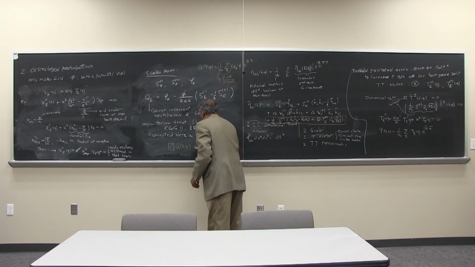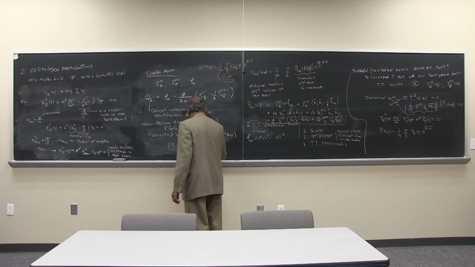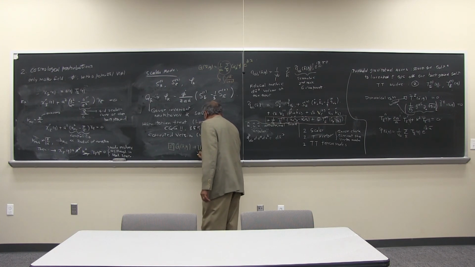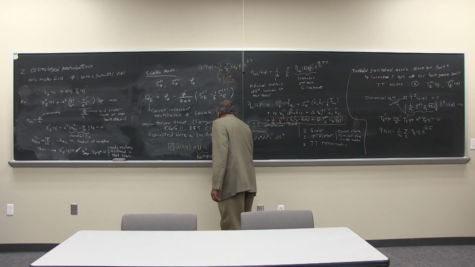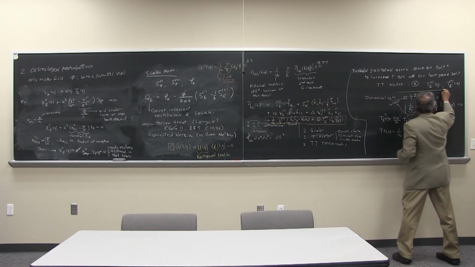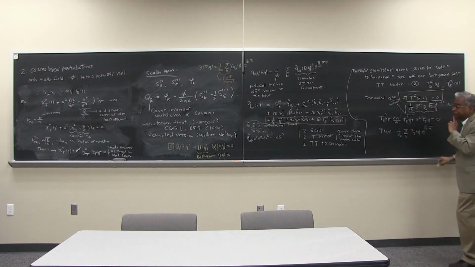So we get this, but then there is a potential up here. So this potential is determined by background quantities, of course, so it depends only on eta. Here the tensor equation was just a source-free wave equation.